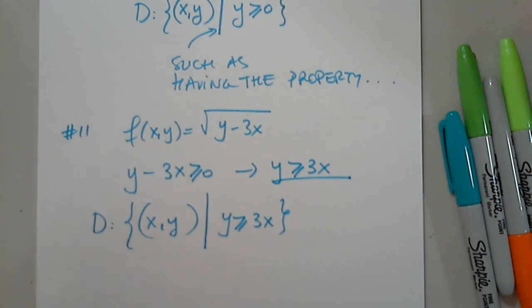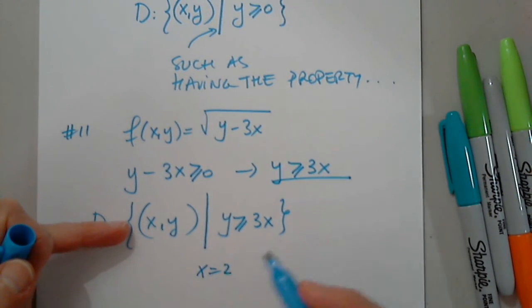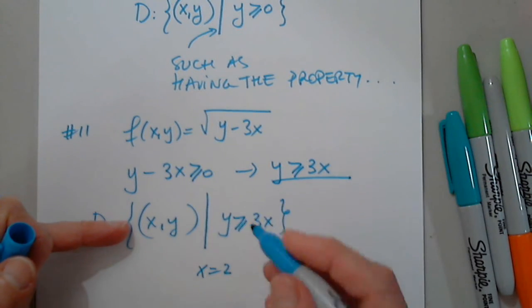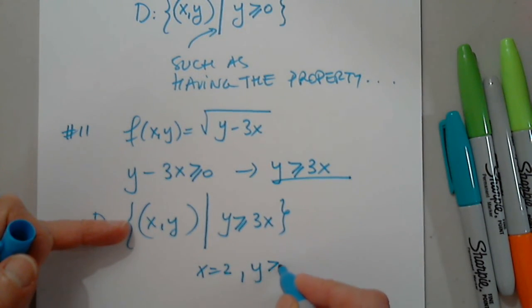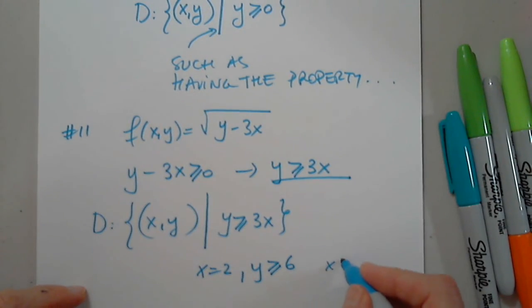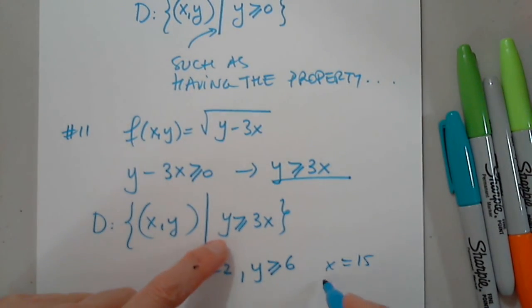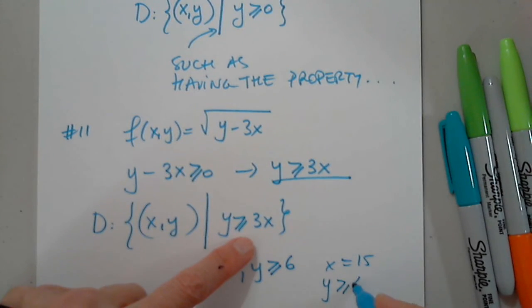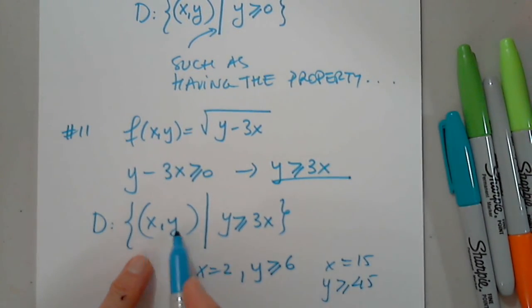So an example would be if x is 2, 2 times 3 is 6, so y has to be greater than or equal to 6. If I pick x equals 15, then I have to have y at least greater than or equal to 45. So that's how I determine my ordered pairs. Good. Any questions, or can we work on a word problem here?